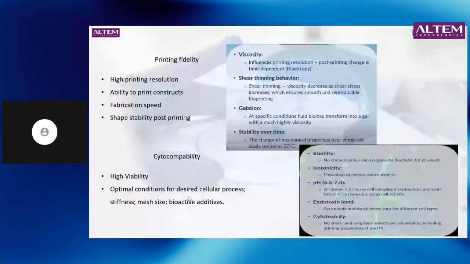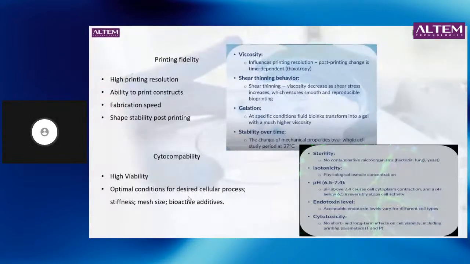Next comes pH. You have to maintain a specific pH. If you go above 7.4, this would cause cell cytoplasm contraction, and a pH below 6.5, which is acidic, can stop cell activity. So you have to maintain a neutral pH, or something between 6.5 and 7.4. Endotoxin levels.